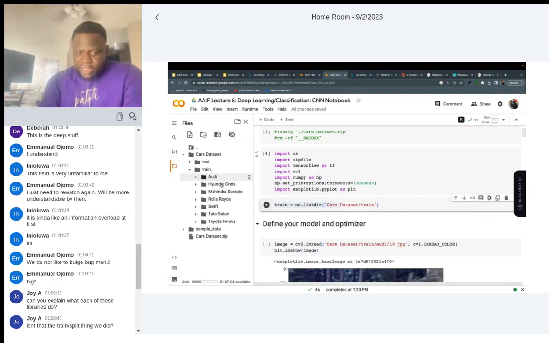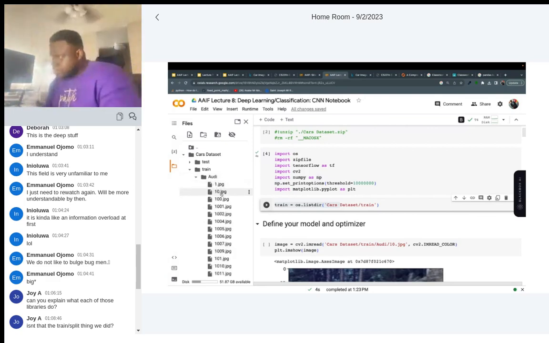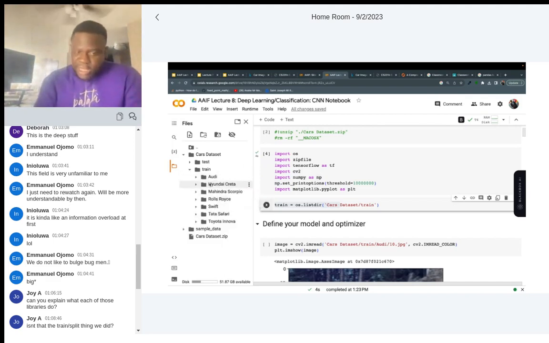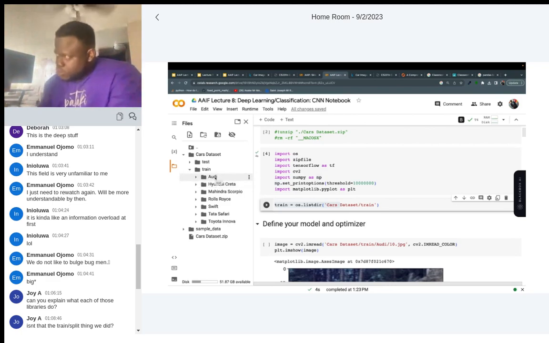So all the cars in this place are Audi cars, or they have Audi logos on them. Just put all of them in one folder and name it that class. Please, when you're doing your data, don't put an image inside the wrong folder. Your model will be confused.